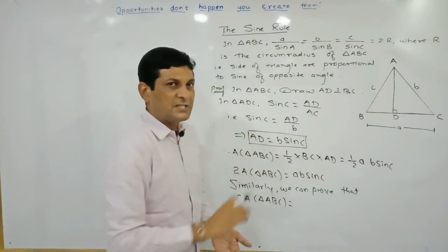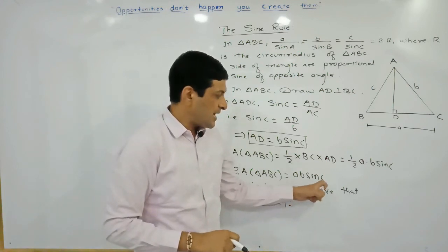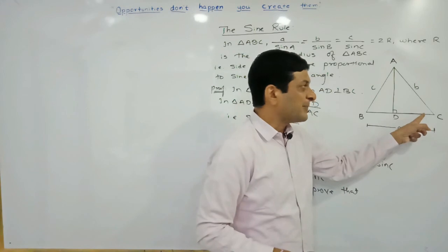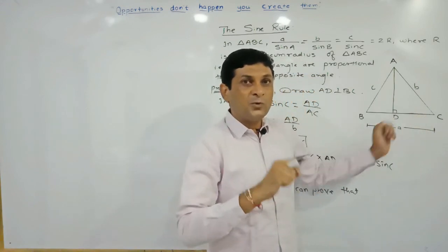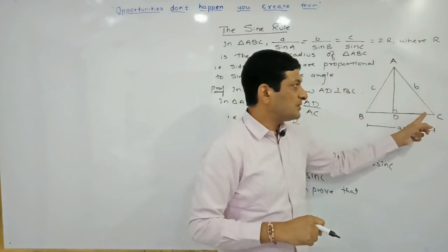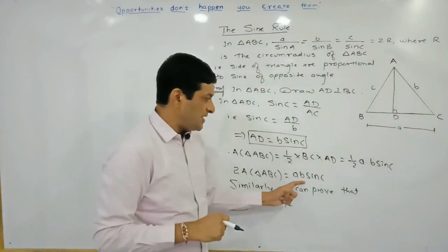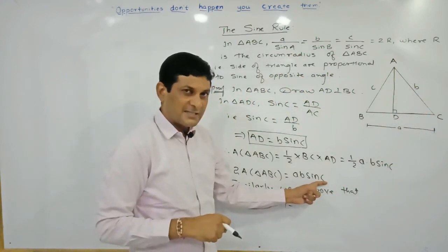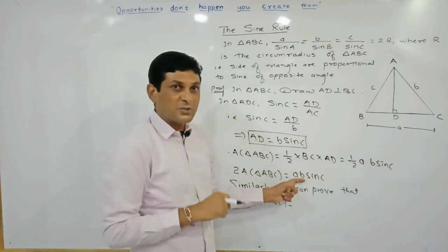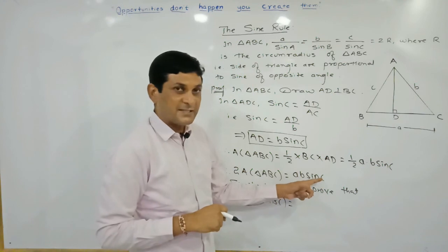Now observe this result very carefully. Angle C is there, and this angle C is included in which two sides? A and B. So here the product ab is there. If we are considering angle C, then we get the product of the lengths of the two sides in which angle C is included.